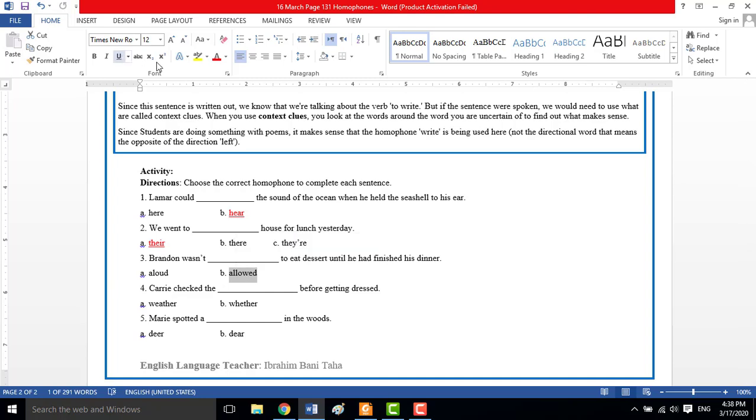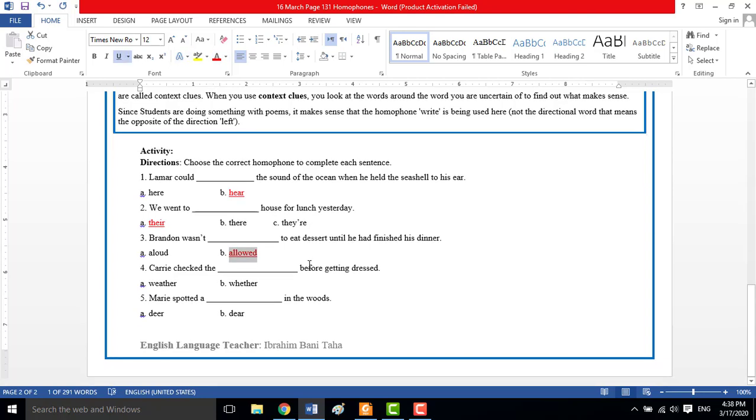So this will be the answer. Number 4: Carrie checked the weather before getting dressed. Now, weather is about the climate, whether it's hot or cold, while whether means if. In this case, we're talking about getting dressed and checking something, so we are talking about weather, this one.